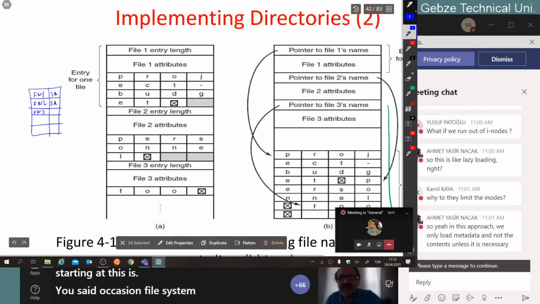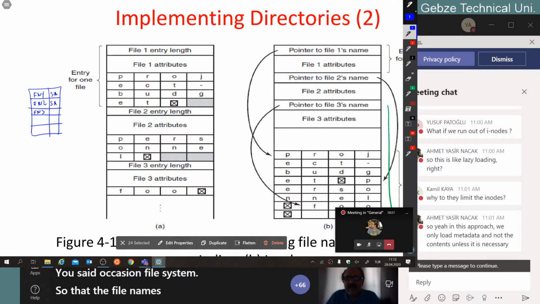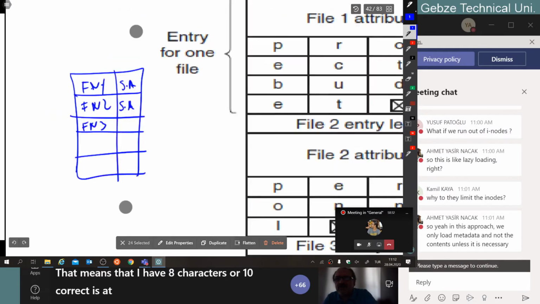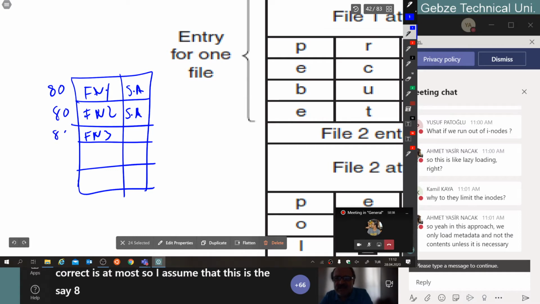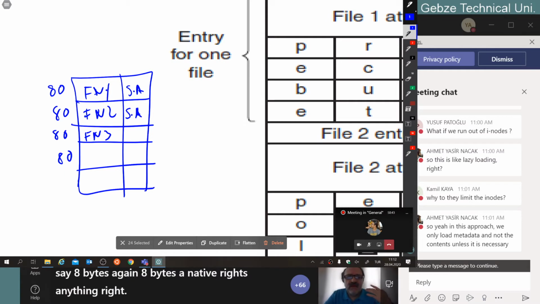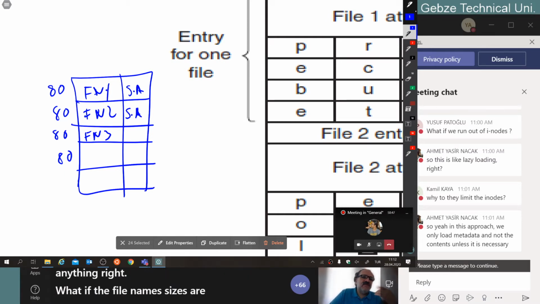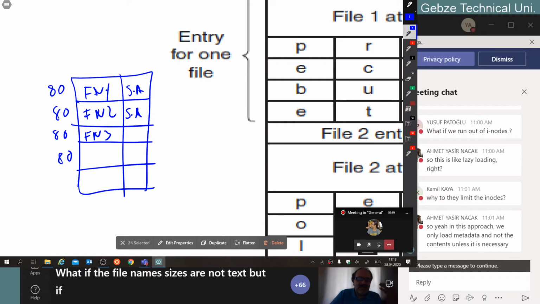I assumed that the file names are fixed, that means I have 8 characters or 10 characters at most. So I assumed this is, let's say, 80 bytes, again 80 bytes, and 80 bytes. So this is what I assumed. What if the file name sizes are not fixed? What if the file name could be as large as possible?